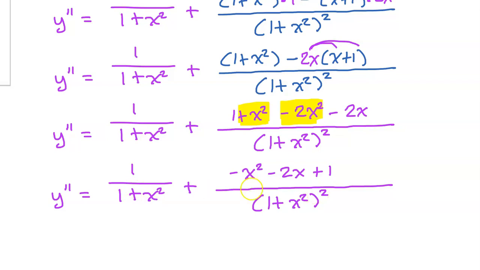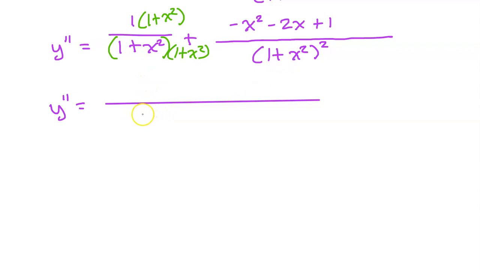I really need to combine these into one big fraction, but I will need like denominators to accomplish that. The denominators are almost the same, but on the right-hand side I have 2 factors of 1 plus x squared. So that means I need to multiply by an extra factor of 1 plus x squared in the numerator and the denominator.